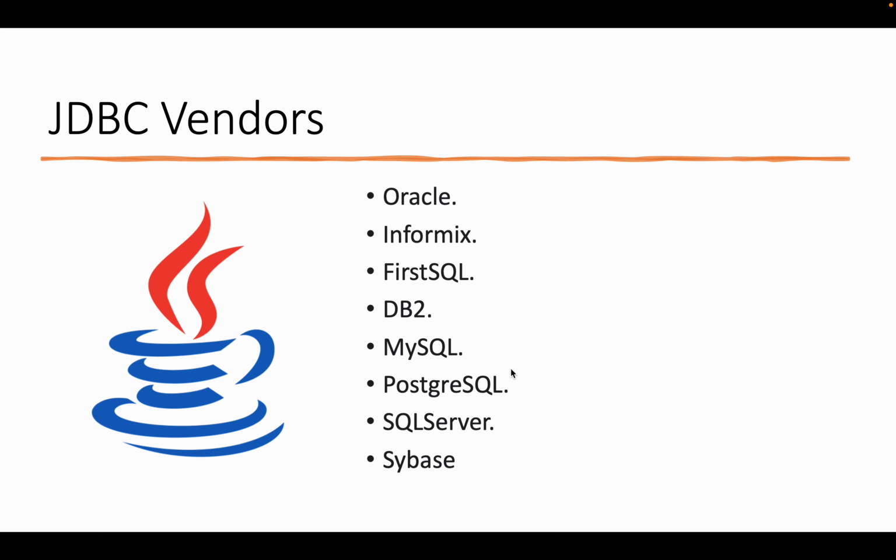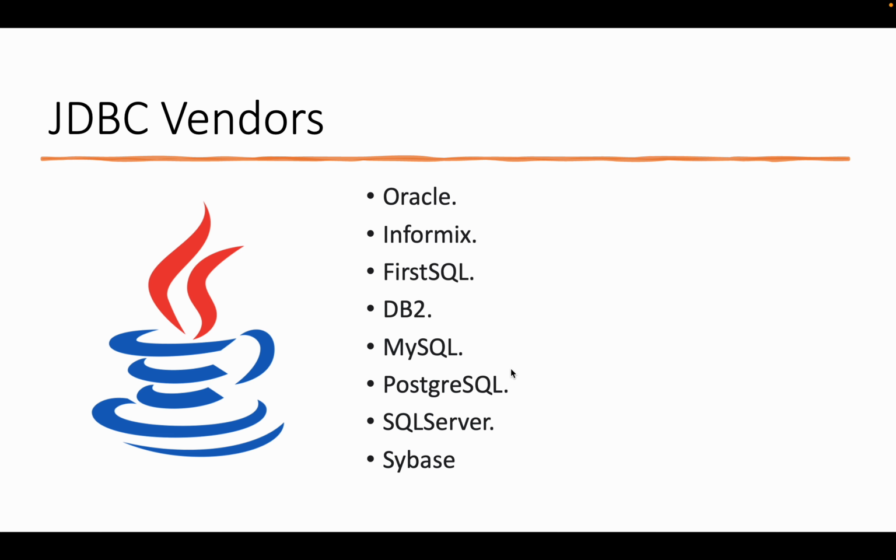Like the way you will do SQL with Oracle will be different from the way you do it with MySQL. They are all different databases, and for their own JDBC implementation, they are coding to the same specification.